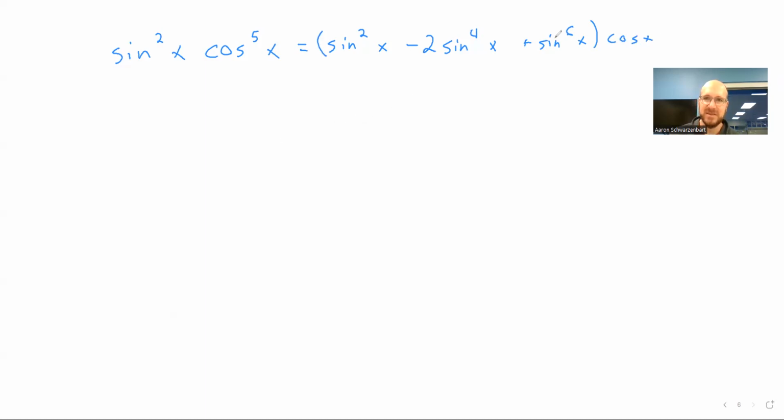Okay, so here's a little hint. I've got this 1 cosine x over here, so I have to have 1 left over there. So I'm really just going to work this side over here.